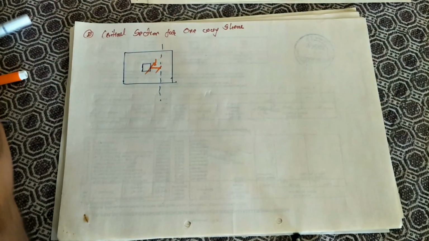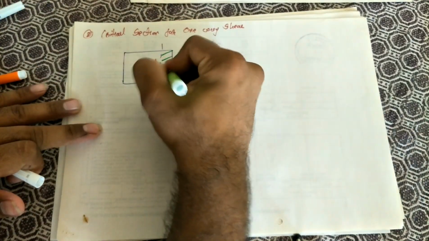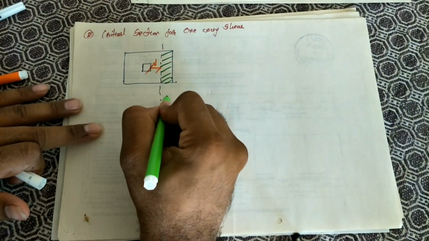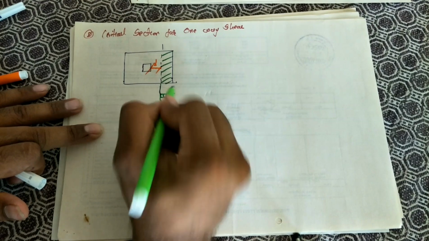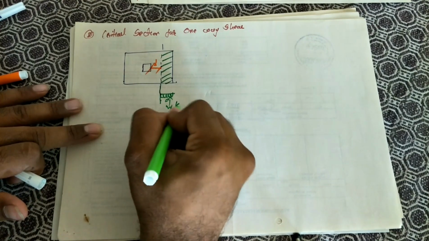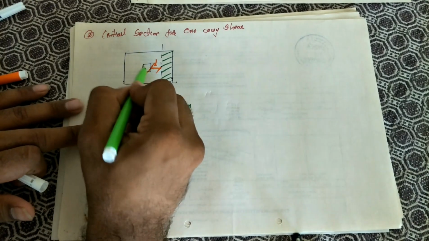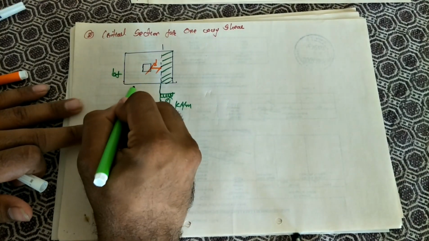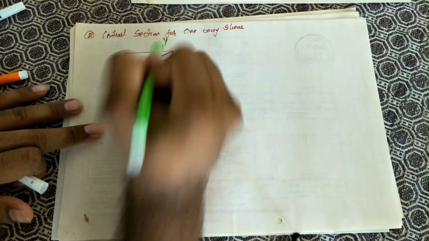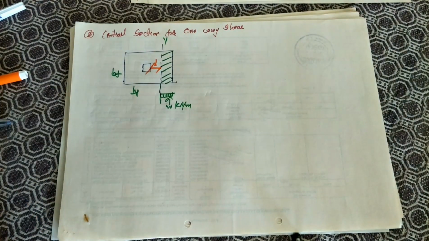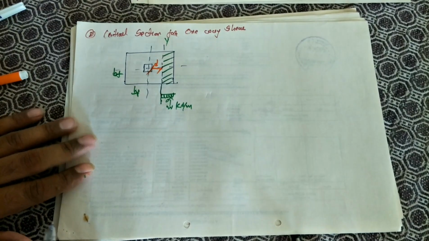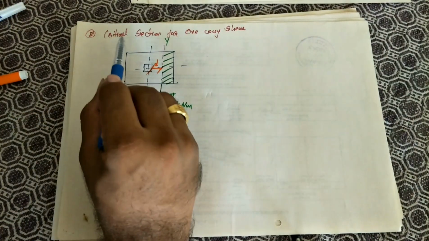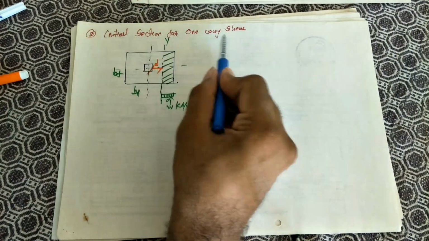Let us take this hatched area. This is my upward pressure, W kilonewton per meter. This is the width of the footing. This is your y axis. So that distance is from the face of your column.